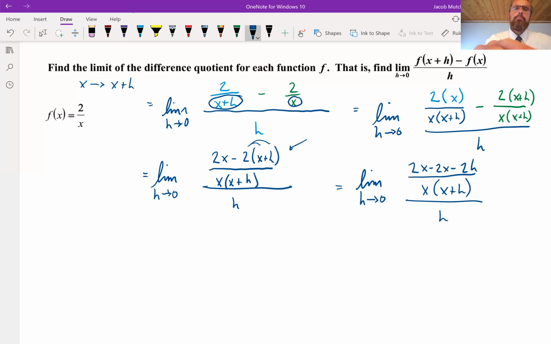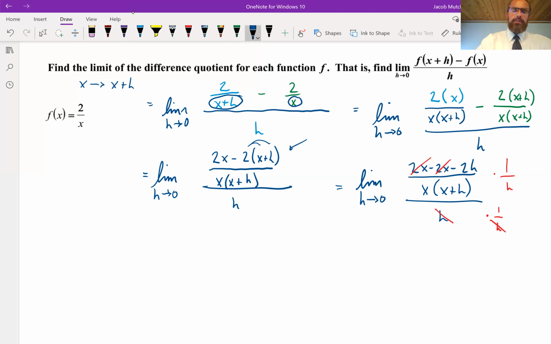So I'm looking in the numerator of the numerator, and I've got 2x minus 2x, that cancels. So my next step, what I'm really up to here, is I want to multiply by 1 over h below and by 1 over h above to cancel this denominator, get everything in one fraction. So that cancels. h times 1 over h is just 1.